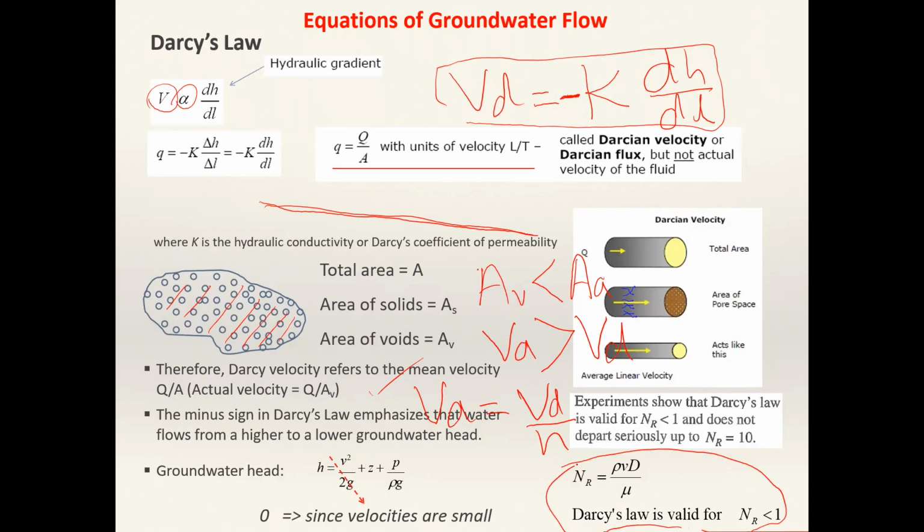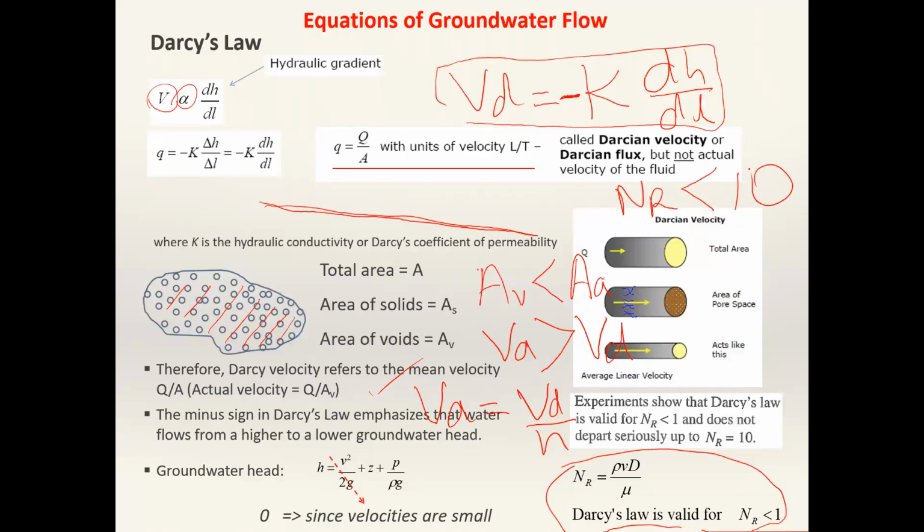But in general, if the Reynolds number is less than 10, the error that it introduces will be smaller. It is not correct, but the error is smaller.